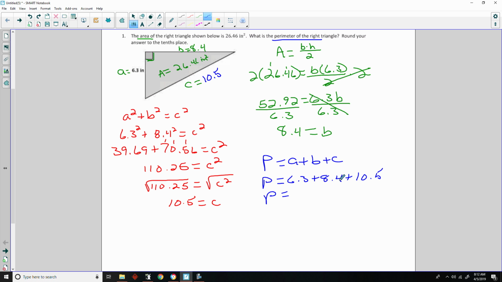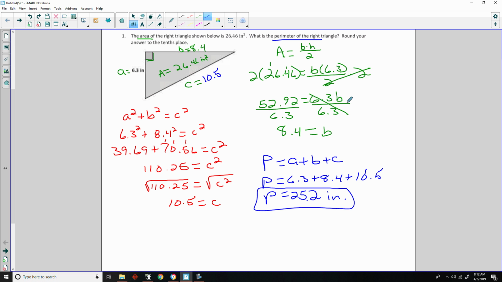So the perimeter rounded to the tenth is 5 plus 4 is 9, plus 3 is 12, carry the 1, 1, 9, 15, carry the 1, and that is 25.2 inches is our perimeter.